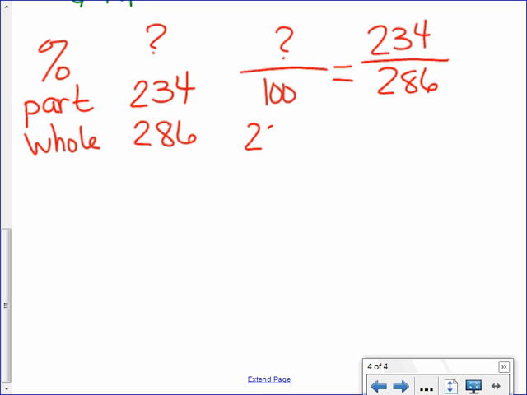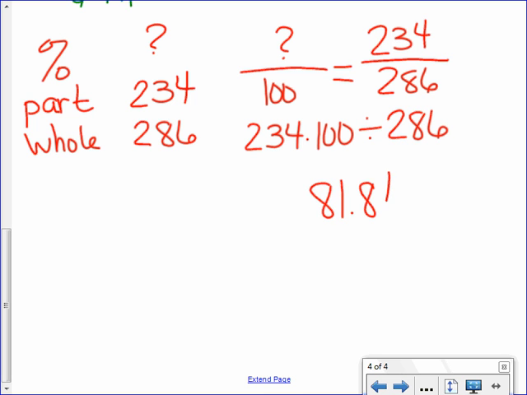So I take 234 times 100 divided by 286. Here we go. And I get this, the repeating decimal.